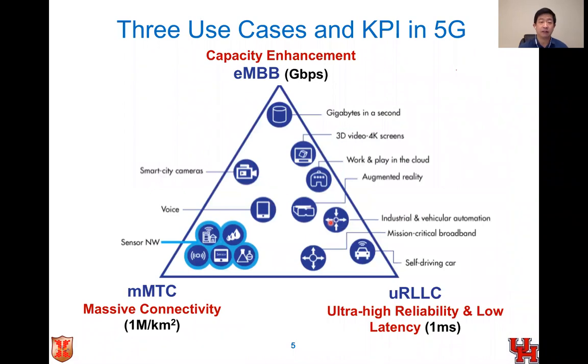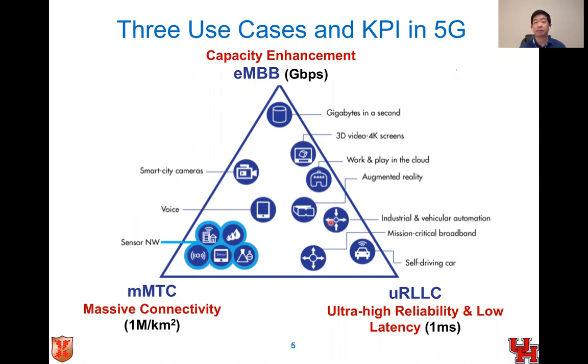When you talk about 5G, you talk about three problems. This triangle is very important. On the top you have capacity enhancement, eMBB, especially at the edge of the cell. The solution is eMBB, with all kinds of small mobile stations. On the left is massive connectivity, basically the Internet of Things.